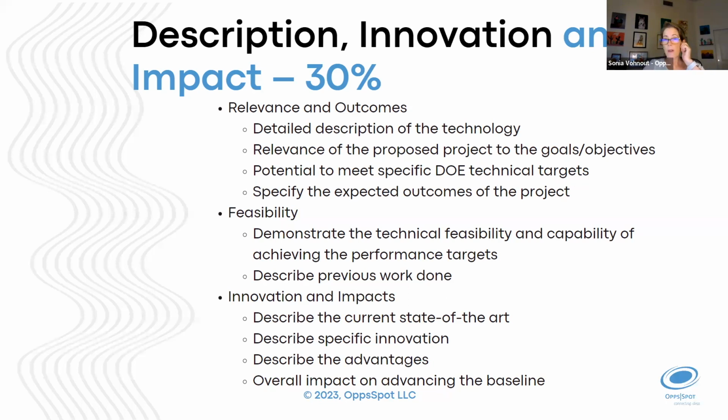So I recommend for this and next section to think about it in a systems engineering approach. Here's the problem. Here are my goals and objectives. What questions am I looking at answering? What am I looking to achieve? And then how am I going to do it with an outline of the task?